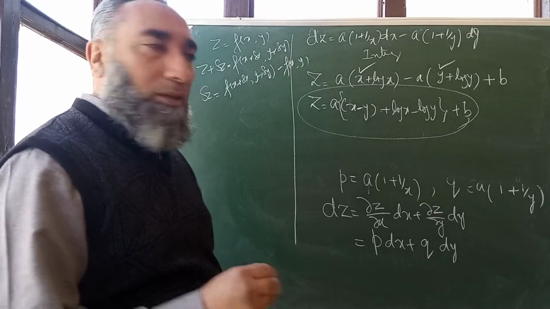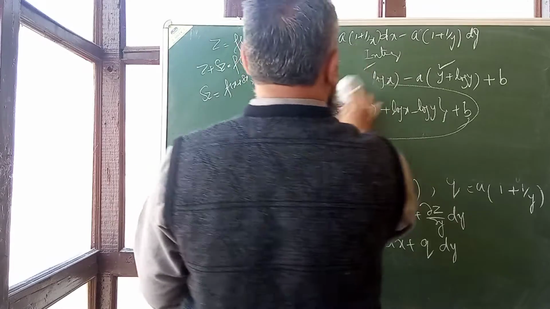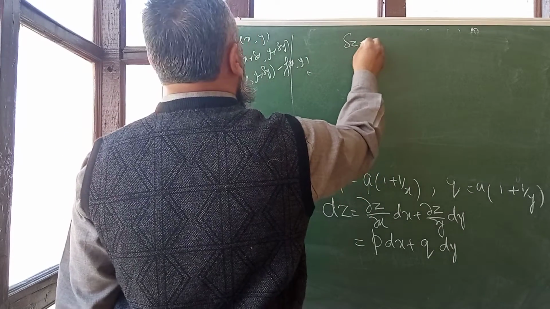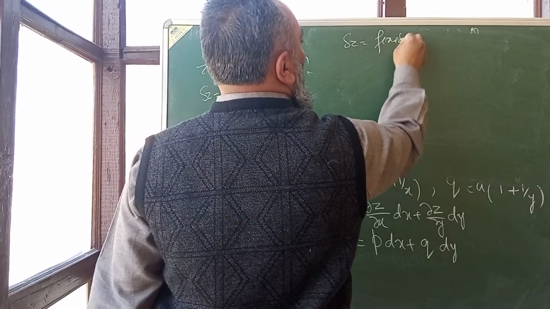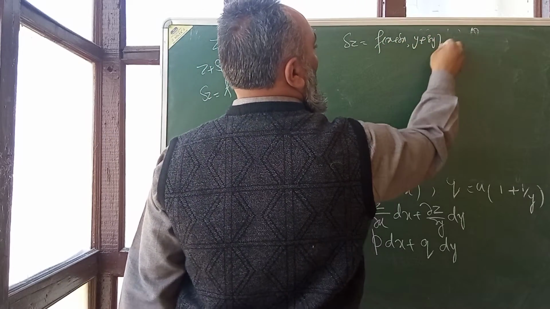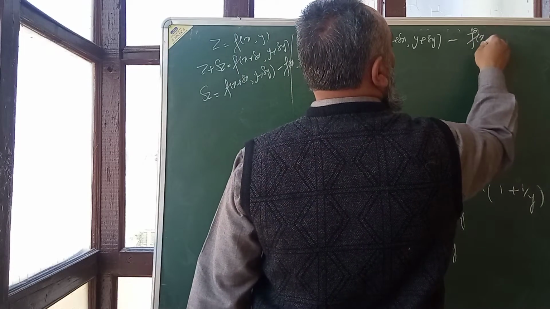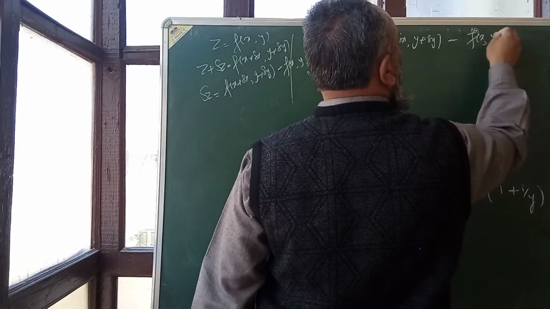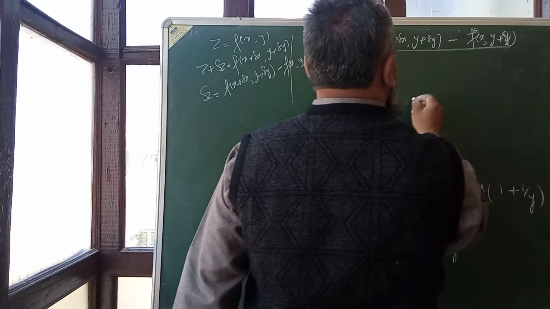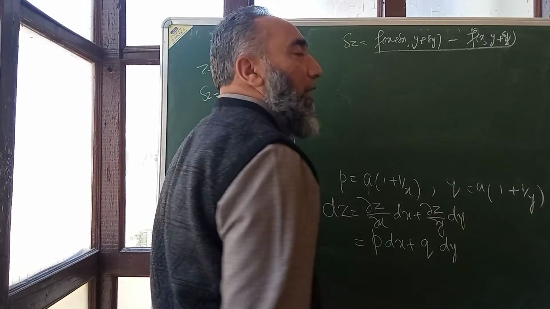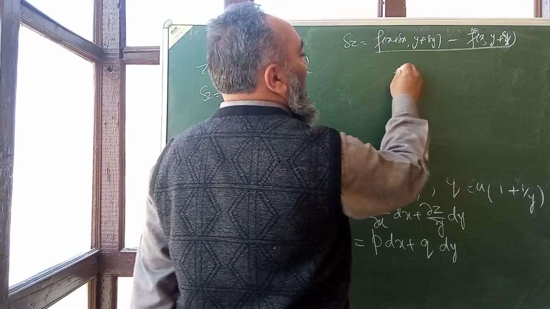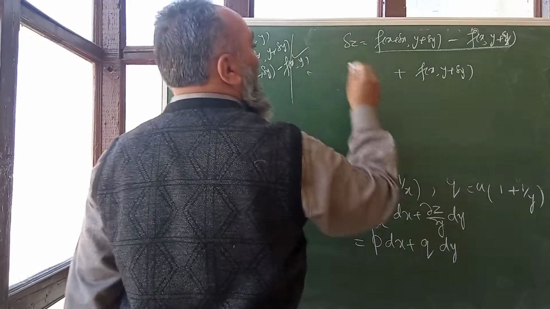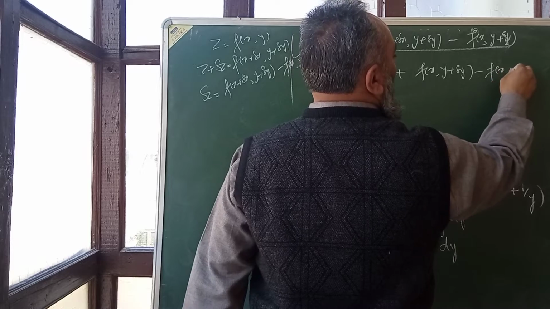Let me add something and subtract something from it: minus f of x, y plus delta y, and plus f of x, y plus delta y.